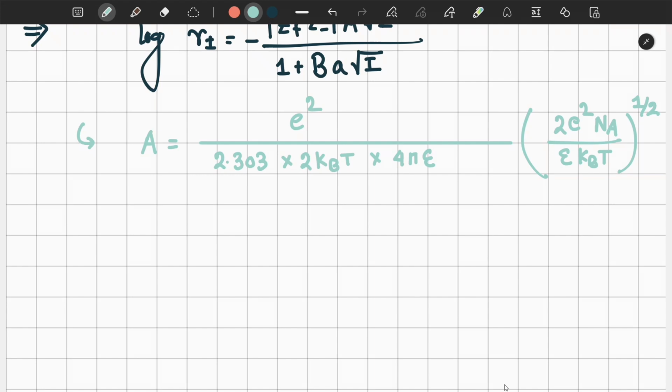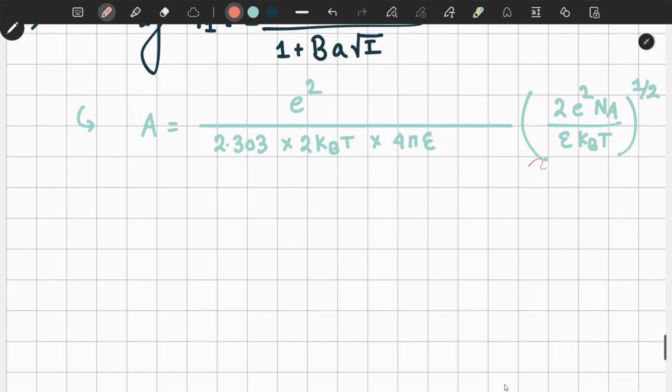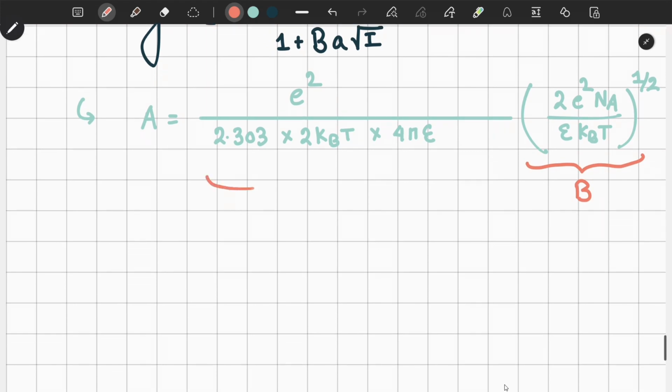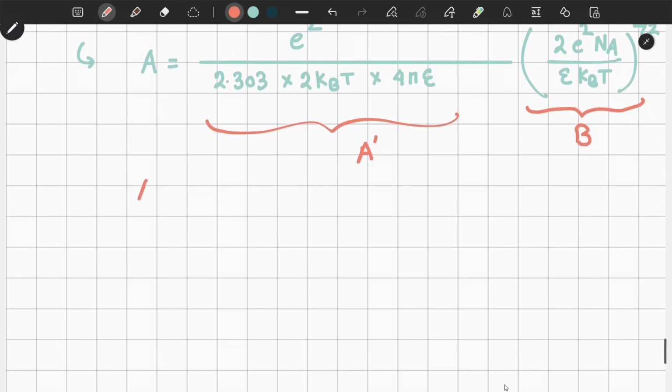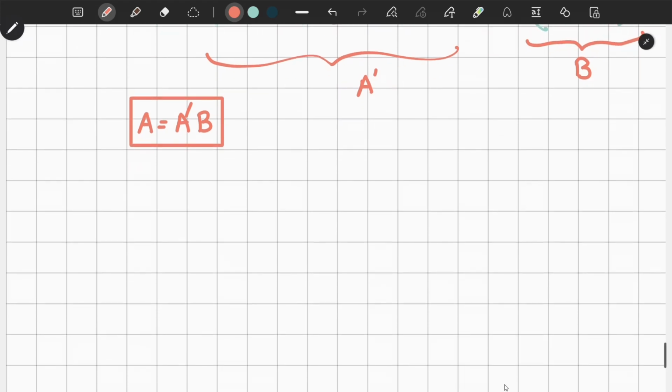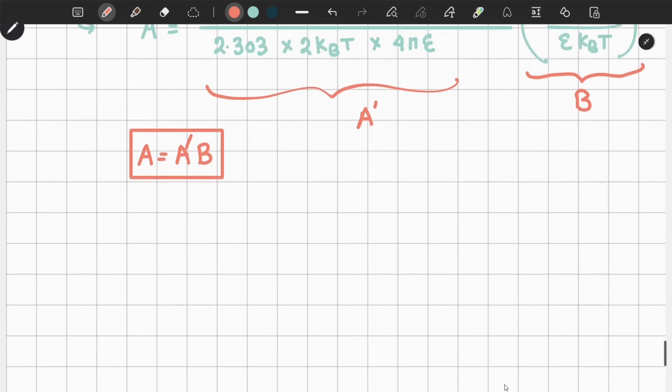But this is the expression, and this is the B. Basically this is B, and this is A prime. So A equals A prime times B.